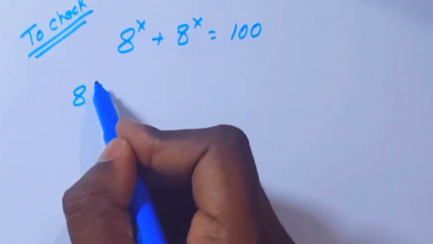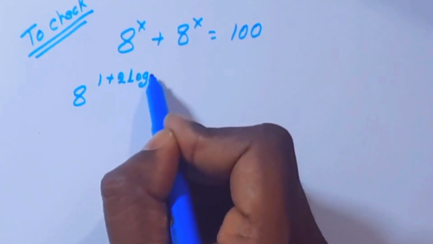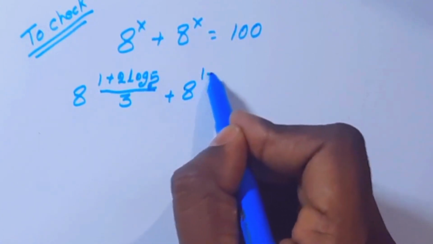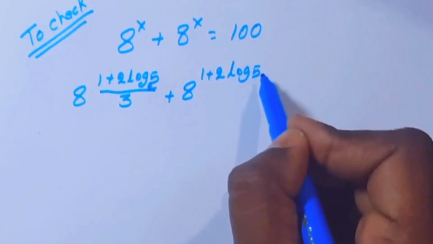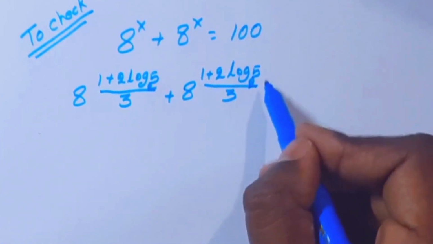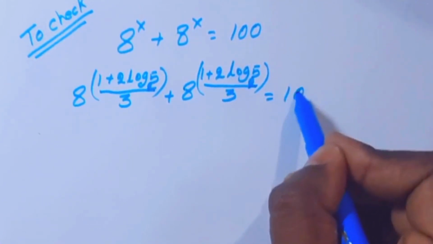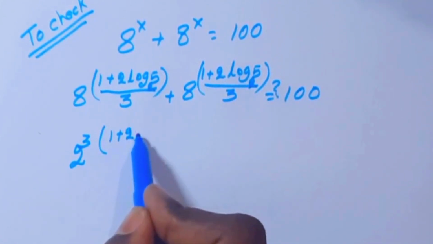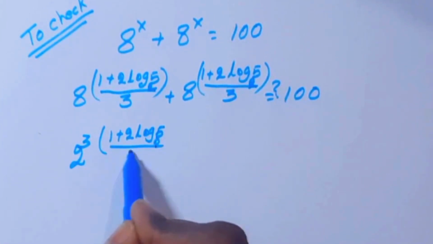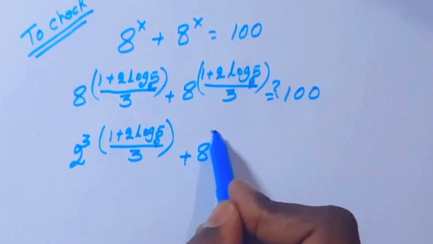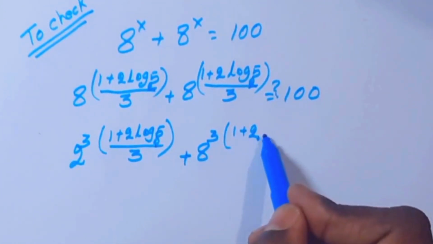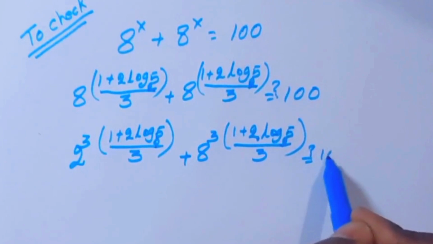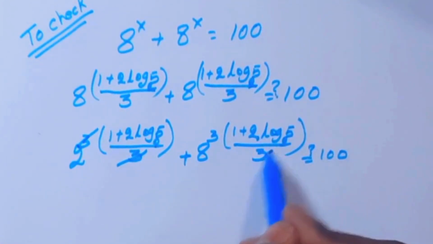Now 8 power 1 plus 2 log 5 base 2 by 3, plus 8 power 1 plus 2 log 5 base 2 by 3, equal to 100. 2 power 3 open bracket 1 plus 2 log 5 base 2 by 3, plus 2 power 3 open bracket 1 plus 2 log 5 base 2 by 3, equal to 100. 3 cancels this. Same way this 3 cancels this.